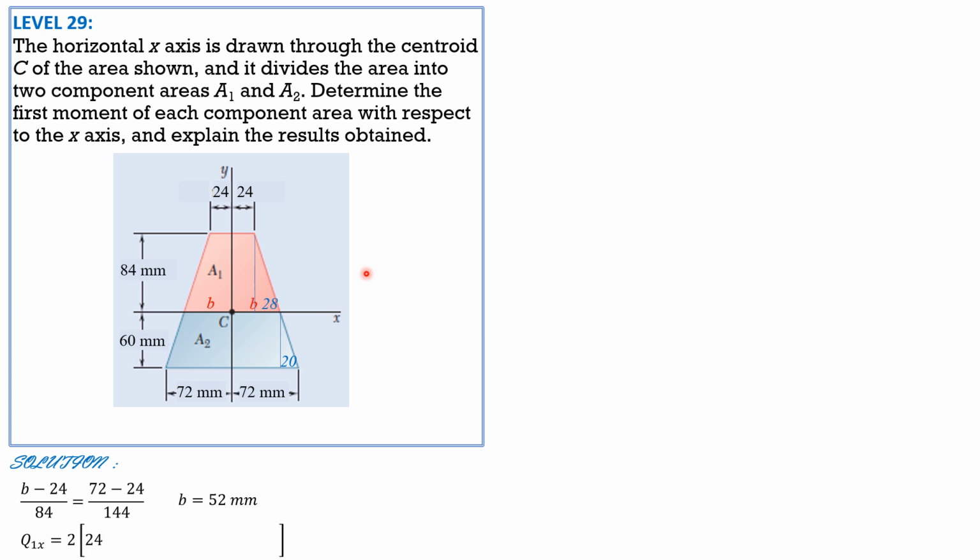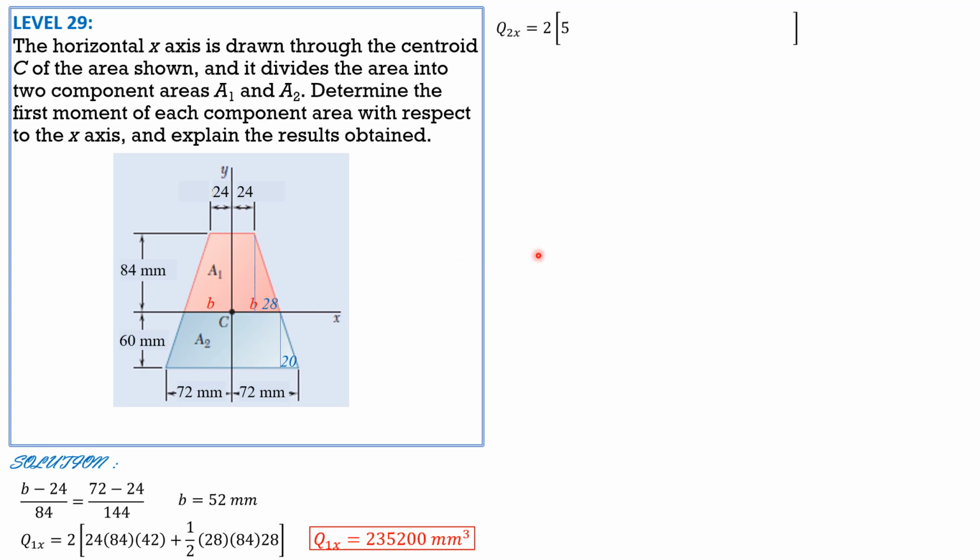So Q1x is 2 times quantity 24 times 84 times 42 plus 1/2 of 28 times 84 times 28, where 28 here is the distance of the centroid of this triangle from the centroidal x-axis, which is 1/3 of 84. So Q1x is equal to 235,200 mm cubed. Then for this area, Q2x, the distance is negative because the centroids are below the centroidal x-axis.